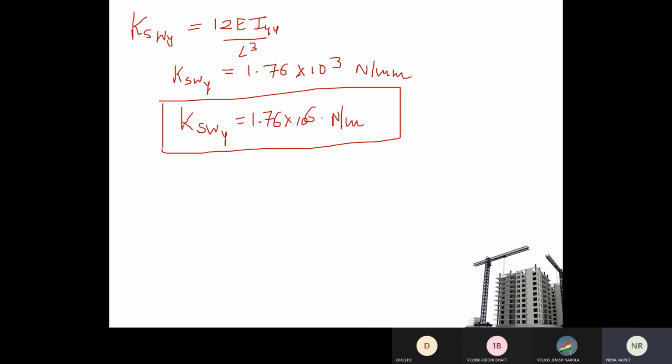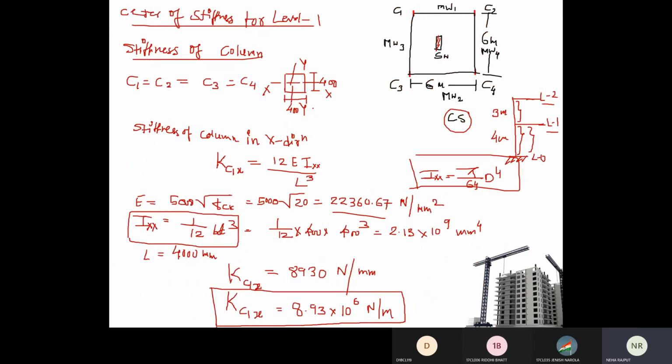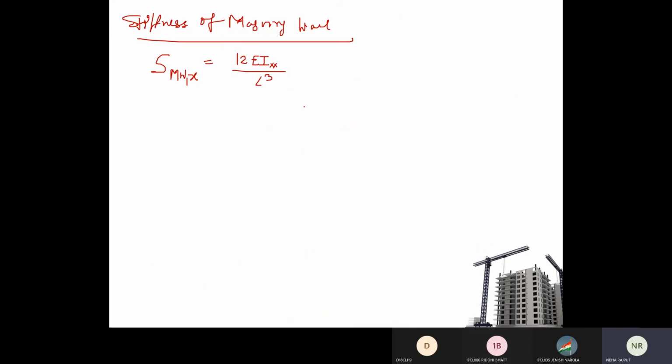No masonry wall. If it is load bearing, then only you need to consider it, otherwise it's okay. Don't consider masonry wall for calculation. If it is load bearing, then only you need to consider, otherwise not.